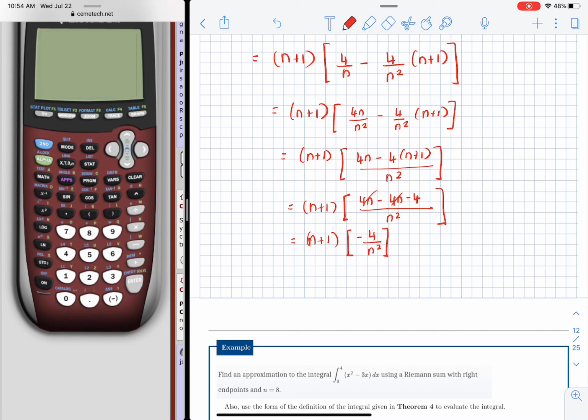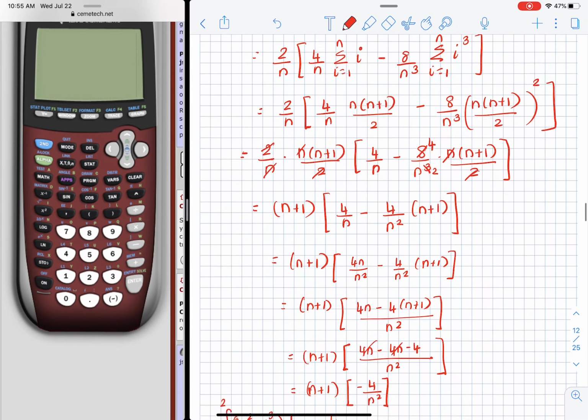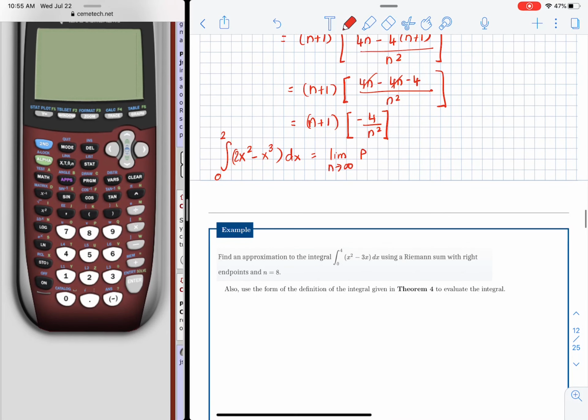Now, the Riemann Sum Theorem states that the integral from 0 to 2 of x squared minus x cubed dx would equal the limit as n approaches infinity of the formula up there, which is Rn, sum i equals 1 to n, f of xi delta x.